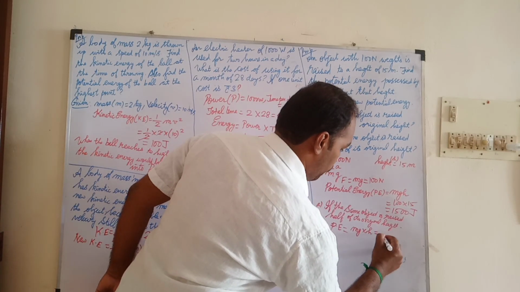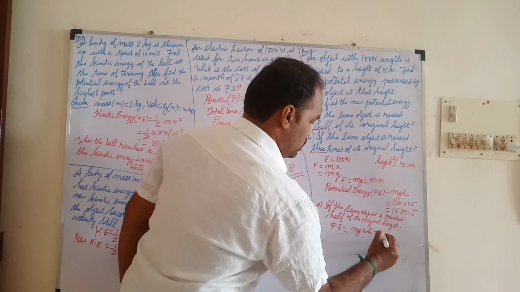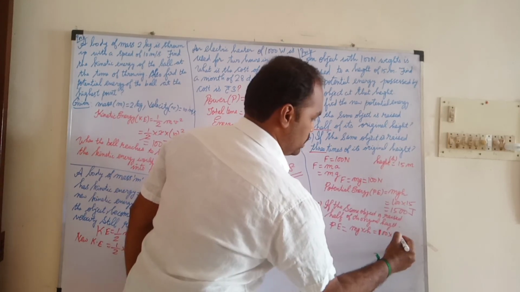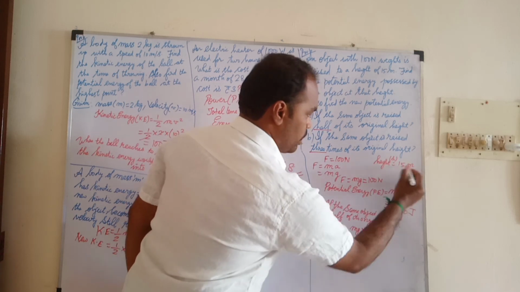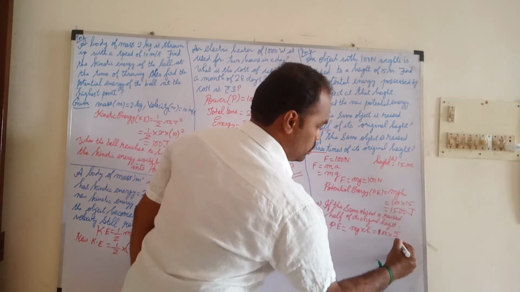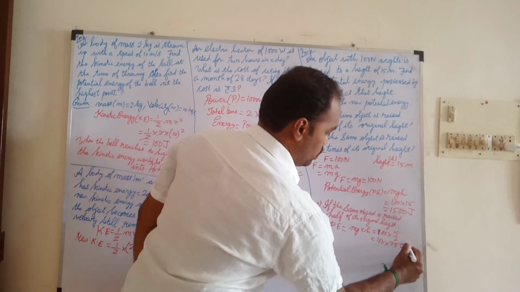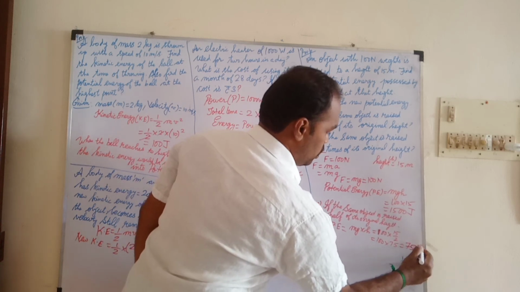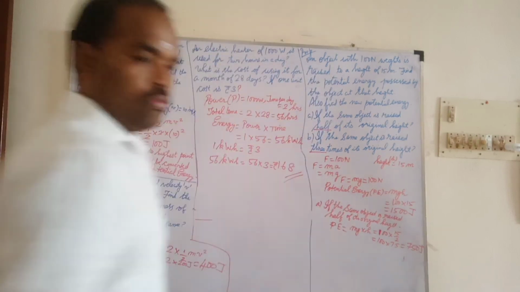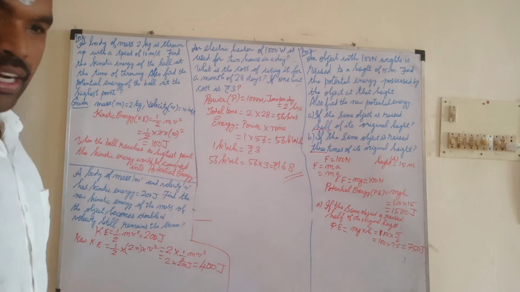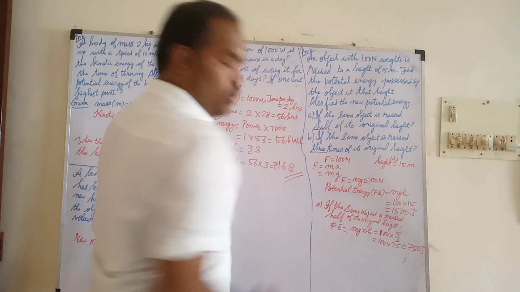Height is how much? Half only, right? 15 by 2. So 100 into 7.5 equal to 750 joule. So 750 joule will come as the answer.